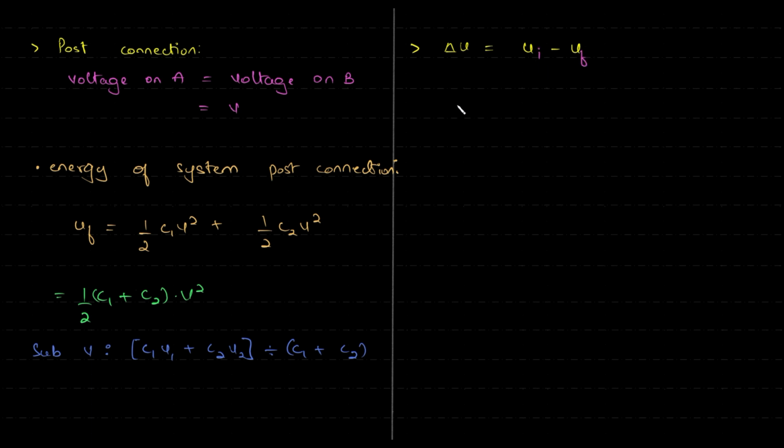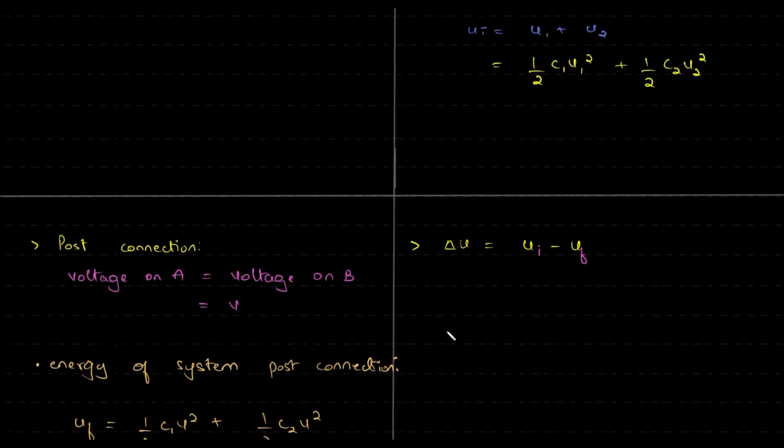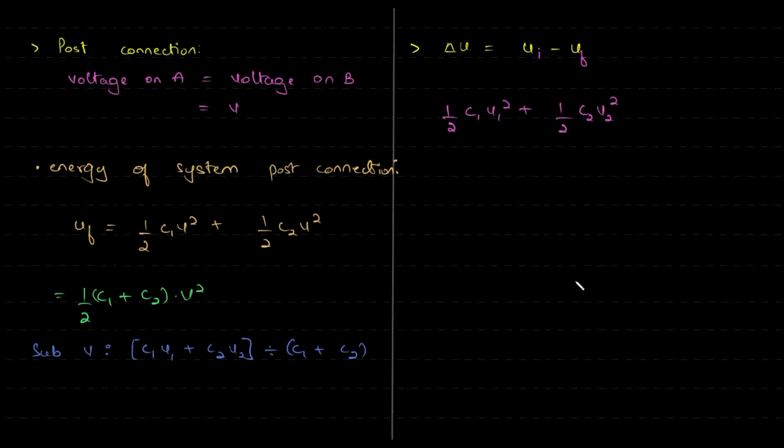So initially we have half C1 V1 square plus half C2 V2 square, minus half C1 plus C2 times C1 V1 plus C2 V2 the whole square, the entire thing divided by C1 plus C2 whole square.